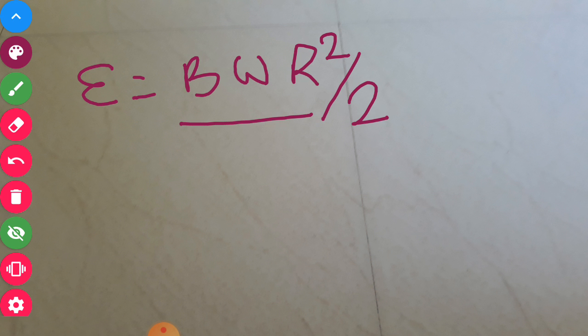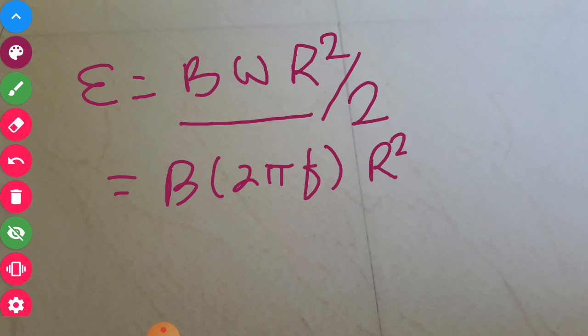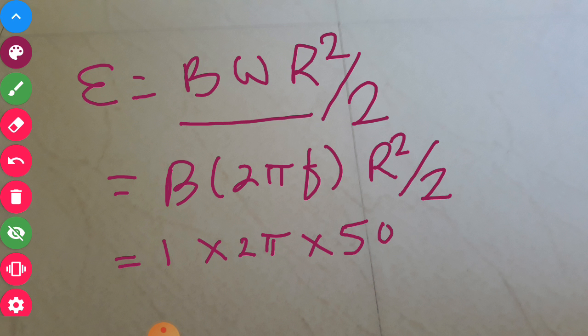Now the different values are given. Omega is 2 pi f, or 2 pi nu, so E equals B into 2 pi f into r square by 2. B is 1 Tesla, the frequency is 50 hertz, and the radius of the rod is 1 meter, so 1 square divided by 2.